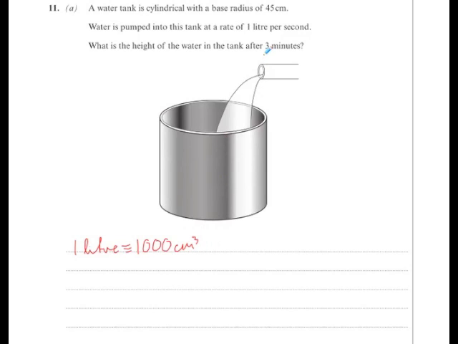So in 3 minutes, when 1 litre of water per second is being pumped in, it's basically 3 times 60 seconds equals 180 litres of water pumped in in 3 minutes.